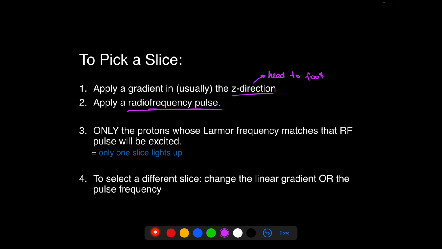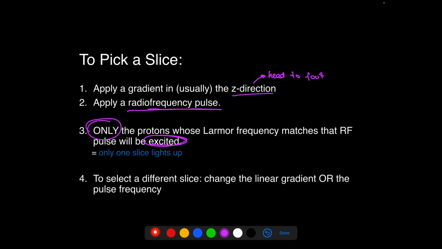Because of the gradient, each position along Z has a different Larmor frequency. We choose an RF pulse that only covers a narrow range of frequencies, which means that only the protons whose Larmor frequency falls inside that RF pulse range will be excited.